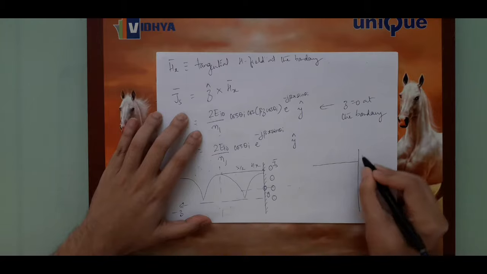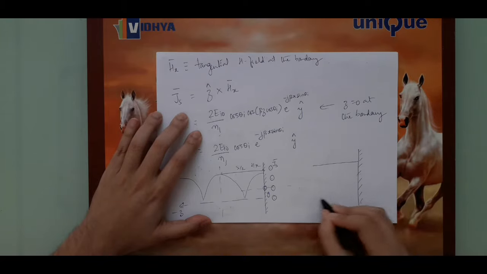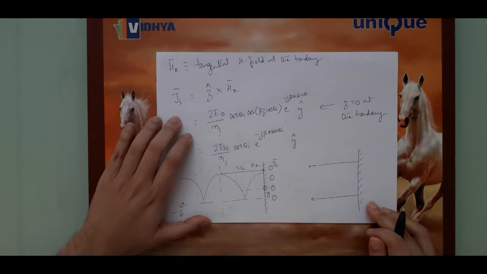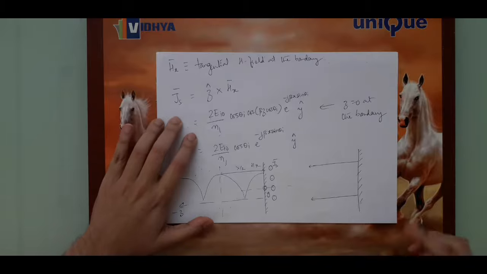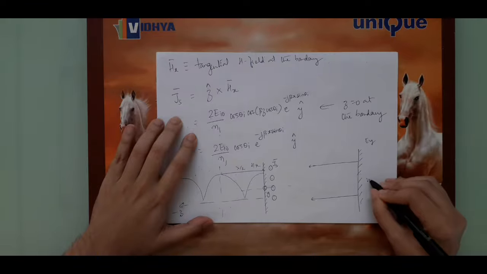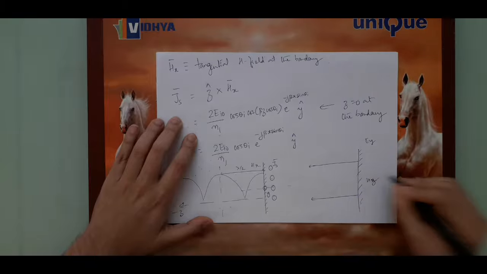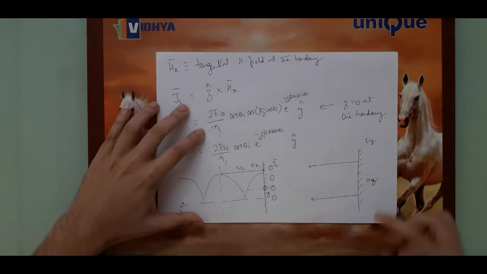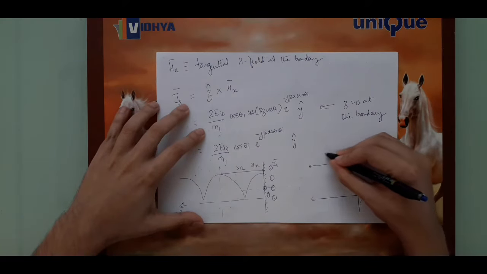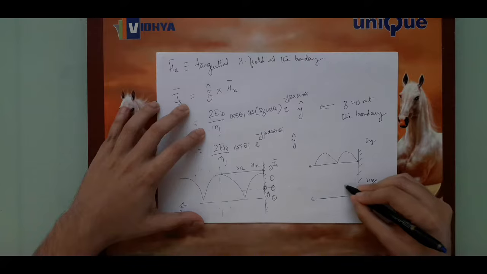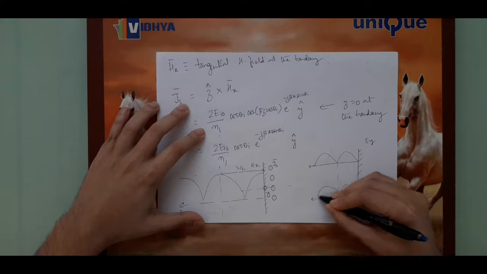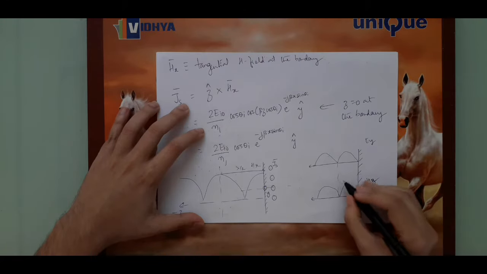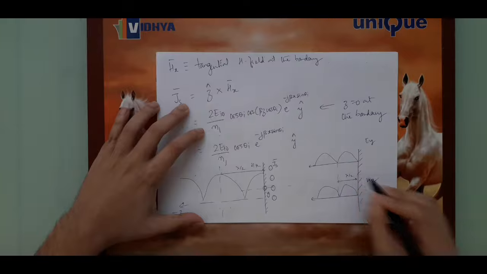If you look at the boundary of the conductor, Ey and Hz look something of this kind, like this. They are both in phase. I had said that just like the case of Hx, this is also some lambda by 2.